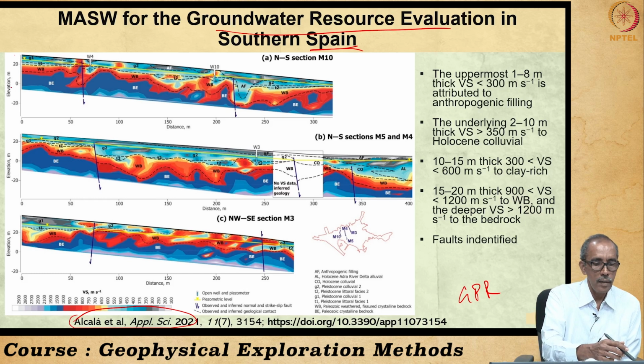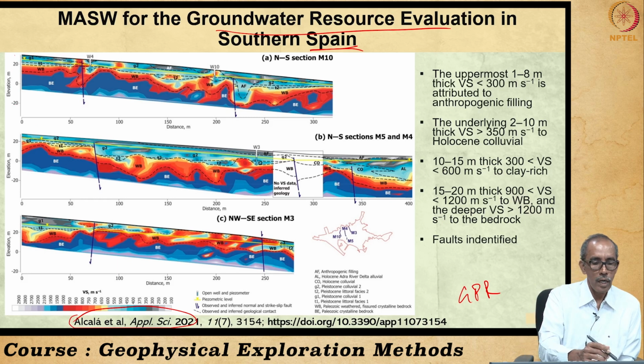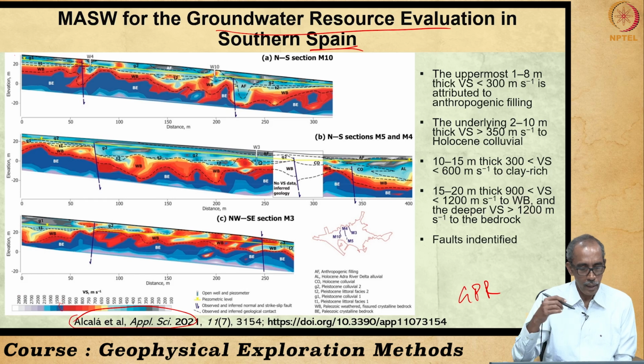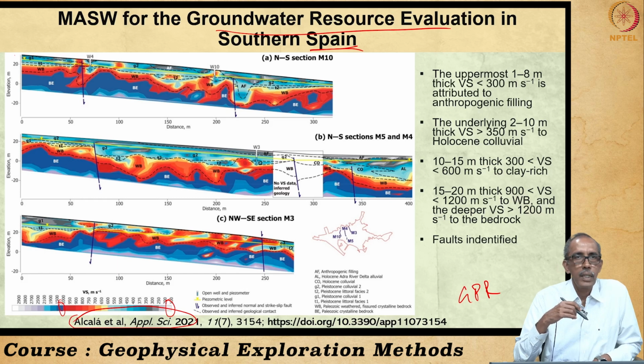What you see are the inversion sections showing you the velocity distribution. Here the reds are nearly 1000 meters per second and the light blue colors are 100 meters per second.